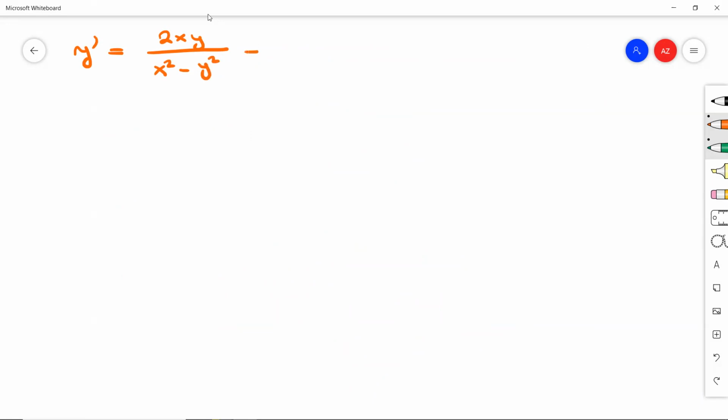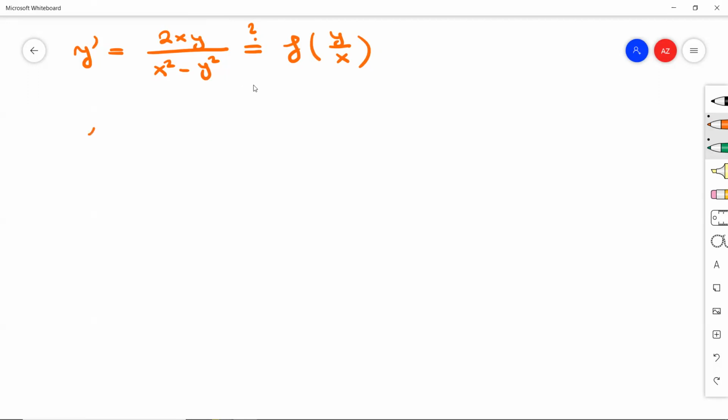So how is this a function of y over x? We would like to show that this is a function of y over x. In the case when numerator and denominator are swapped, it's easy to see. However, here we believe this is true, and we will show that this is really true.